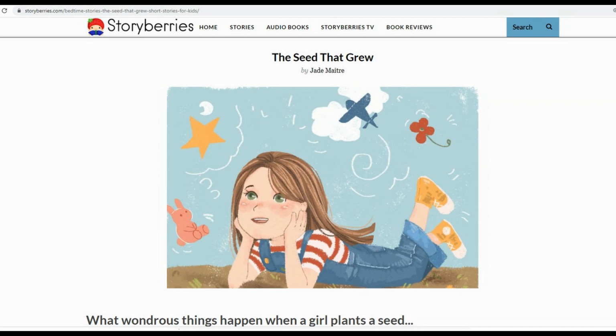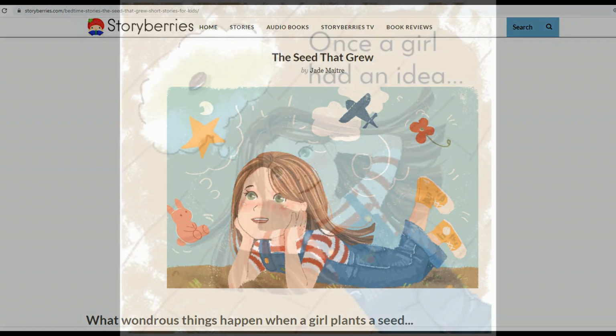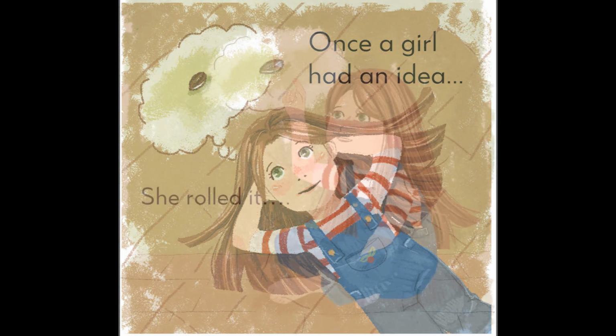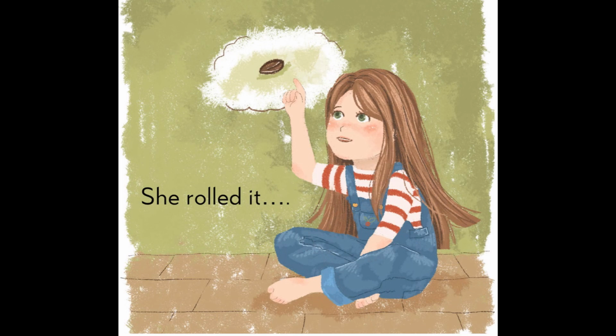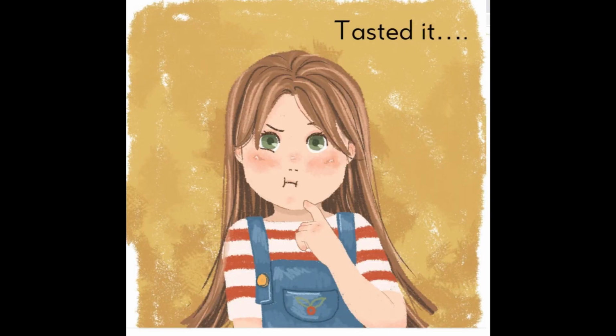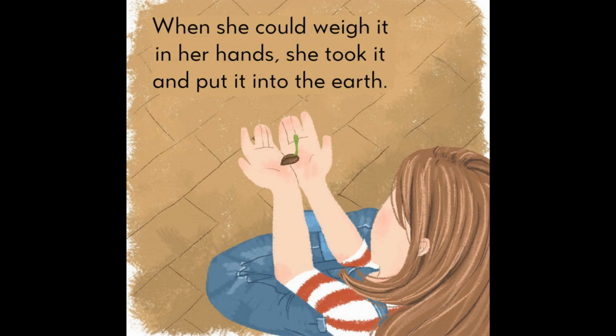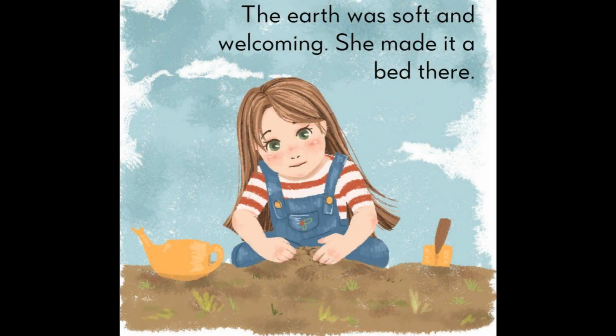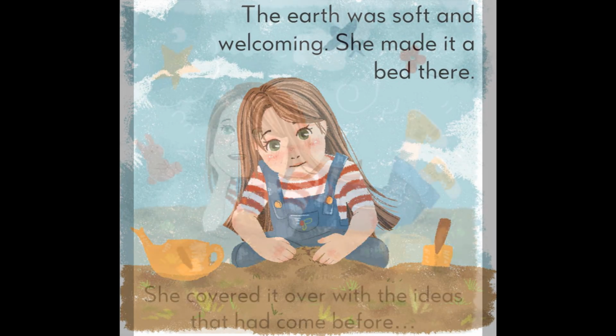What wondrous things happen when a girl plants a seed? Once a girl had an idea. She rolled it, felt the shape of it, tasted it. When she could weigh it in her hands, she took it and put it into the earth. The earth was soft and welcoming. She made it a bed there.